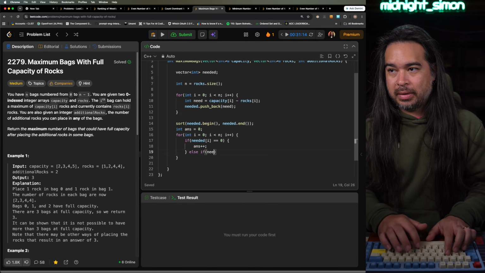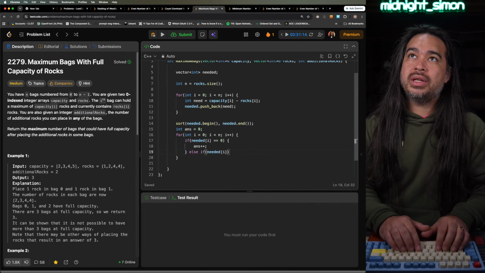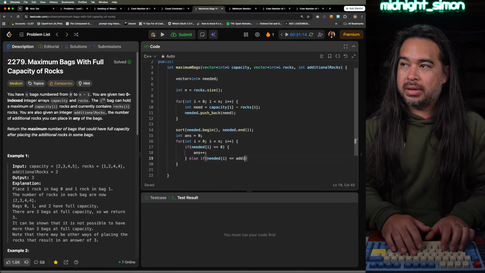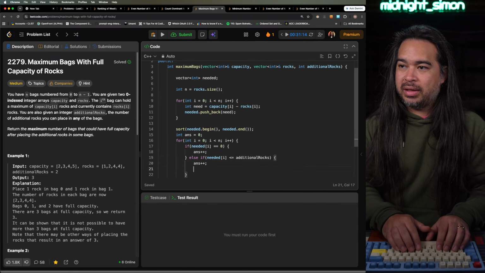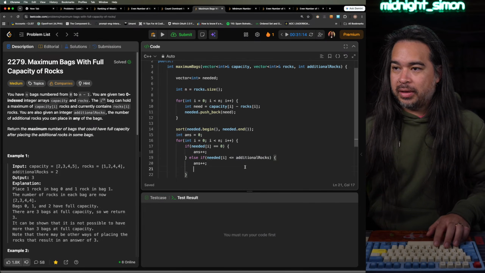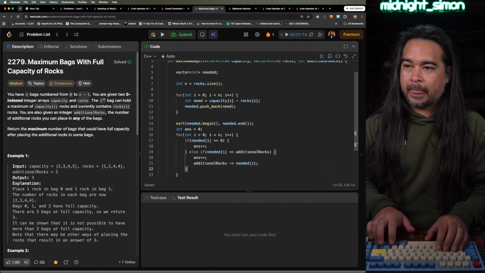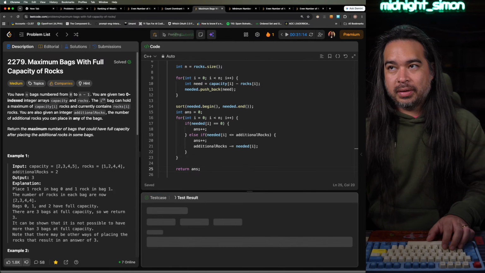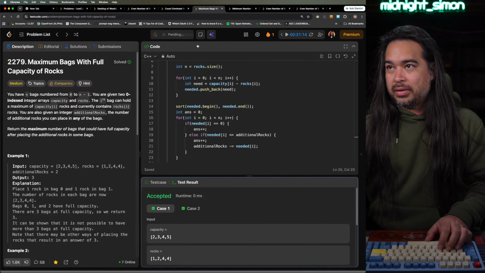Otherwise, if how much we need is less than or equal to additional rocks, then we can fill that bag and subtract how much we needed. And that's it. Too easy.